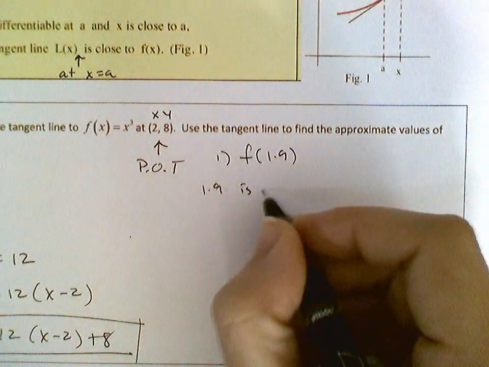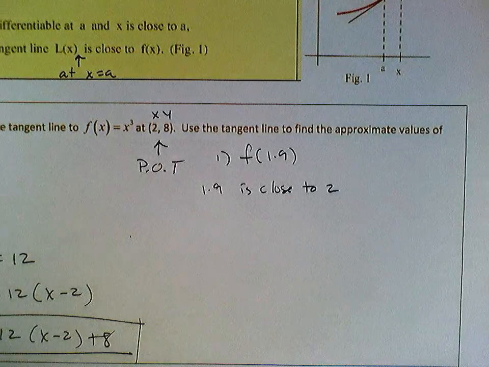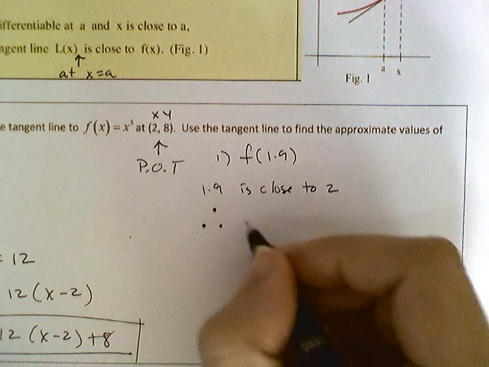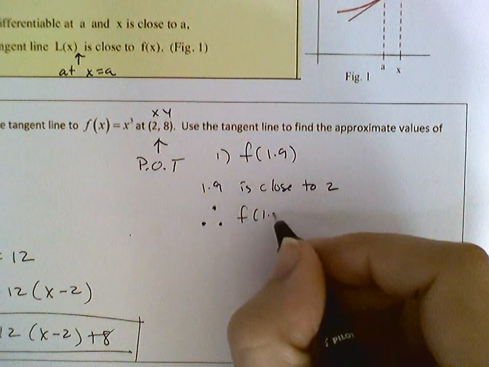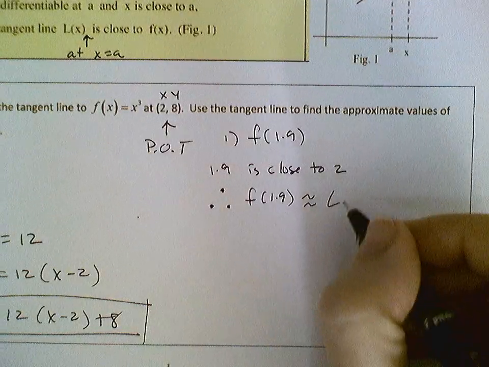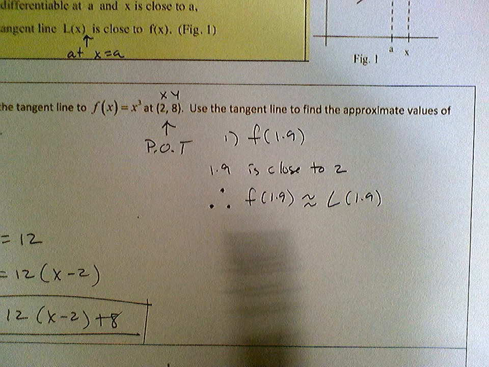All right, and now here's the logic. 1.9 is close to 2. All right, therefore, f of 1.9 is approximately L of 1.9. Okay, so this is the logic right here, guys.